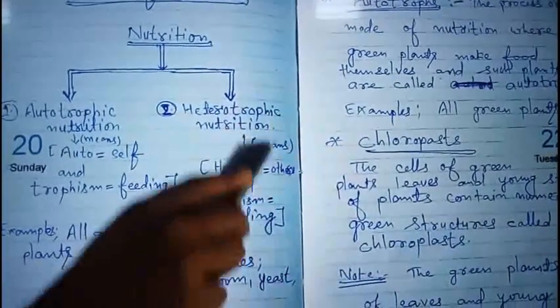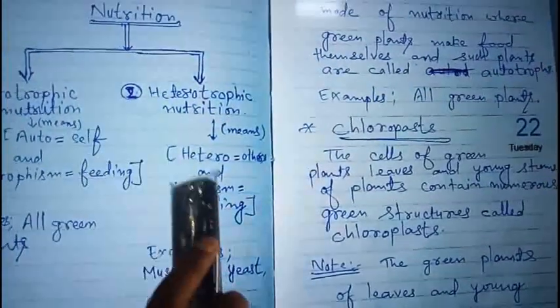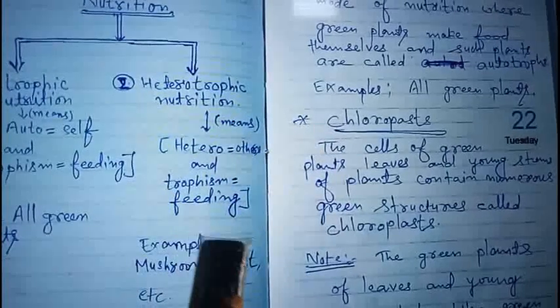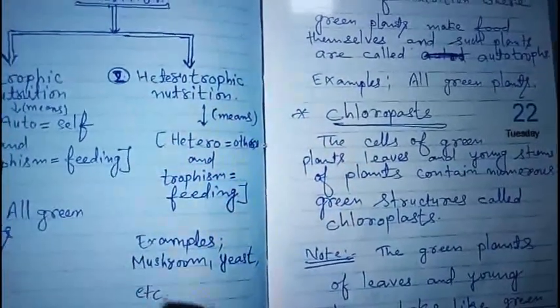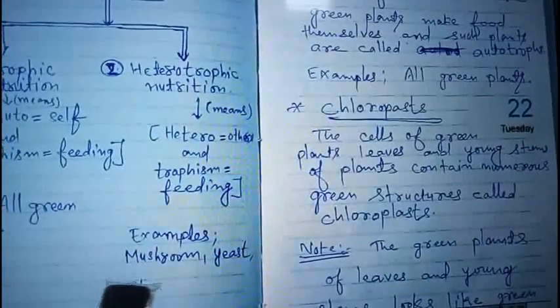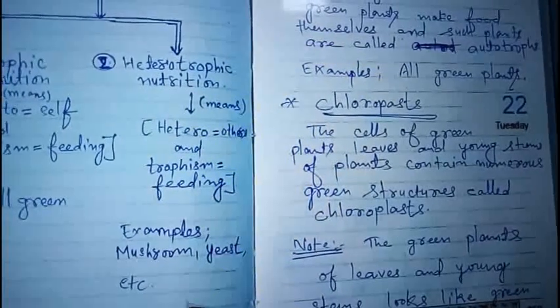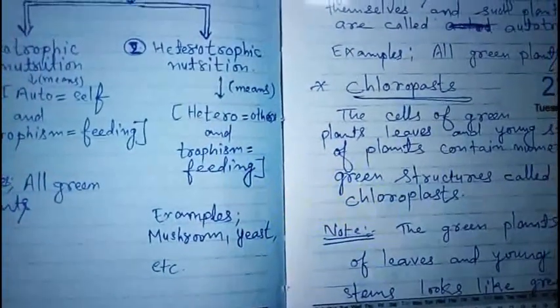Heterotrophs are those plants that cannot make their own food, meaning non-green plants. Examples are mushrooms, yeast, mistletoe, and many more.